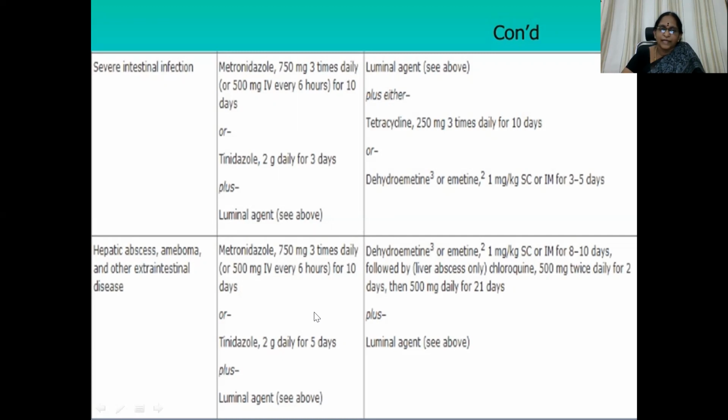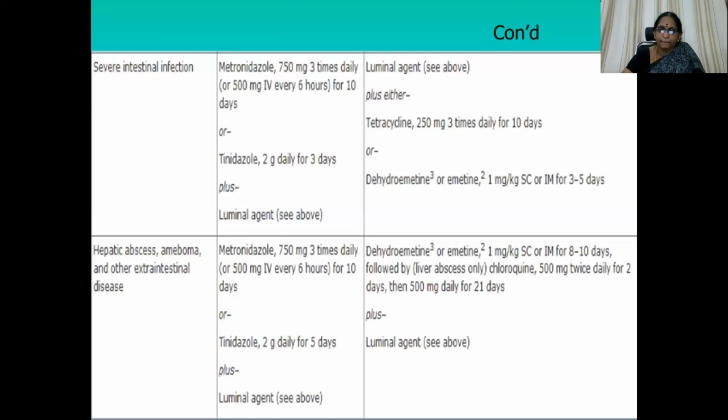So in this slide, starting from whether it is mild or severe or hepatic or extraintestinal amoebiasis, the same 750 mg is given. Some textbooks say that to take proper precautions, they go directly for the higher dose. But some standard textbooks say 400 mg, 600 mg, 800 mg for mild, severe, and hepatic and extraintestinal infections.